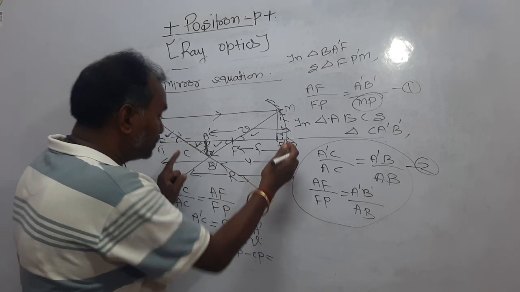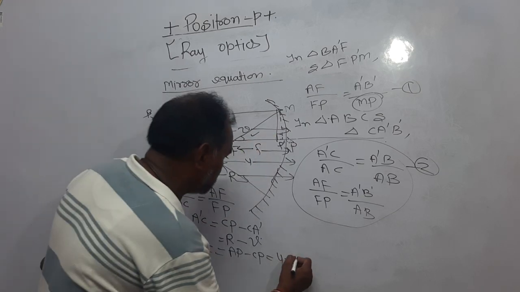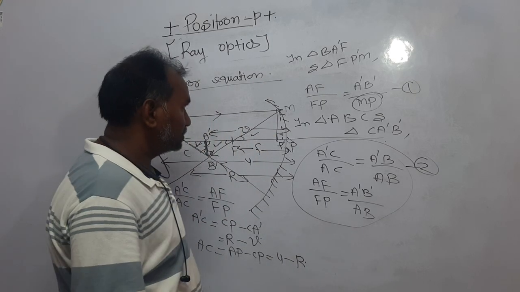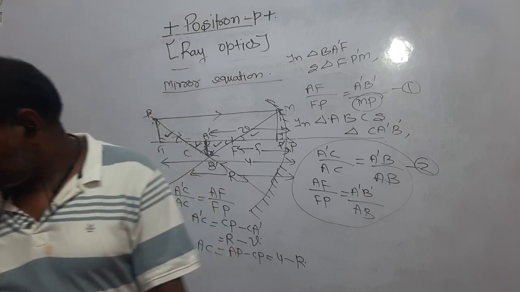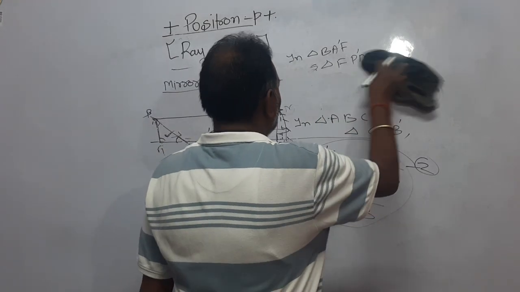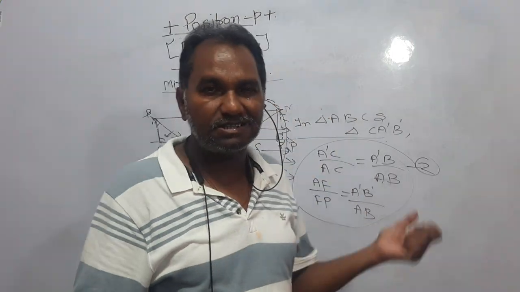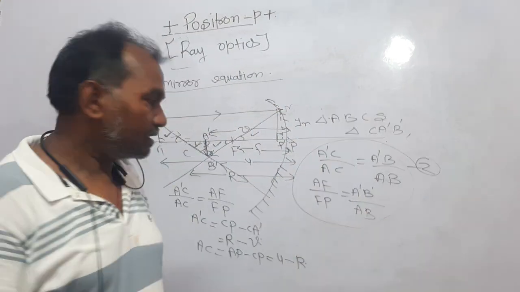AP is U and CP is R. Dear student, I'm writing here so that this can appear in the camera.